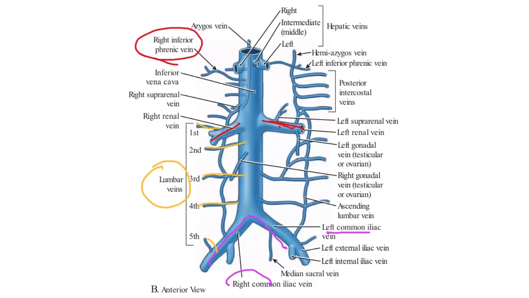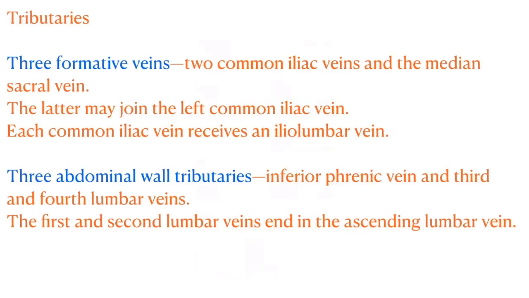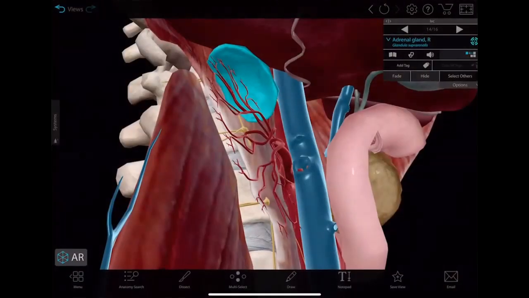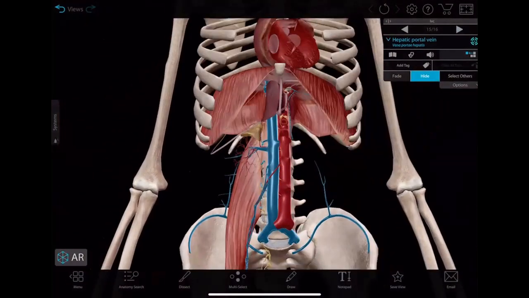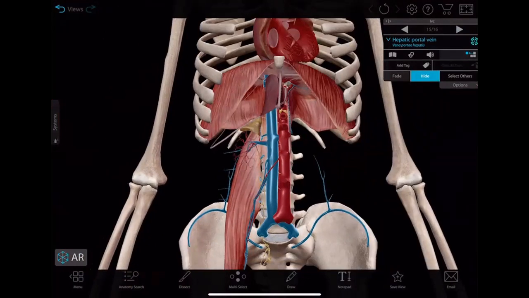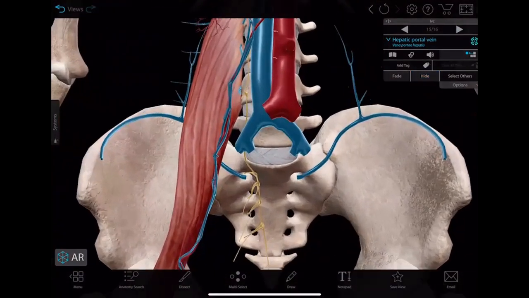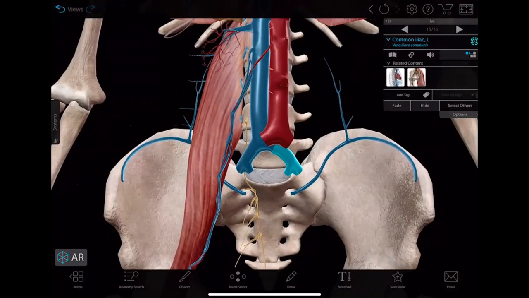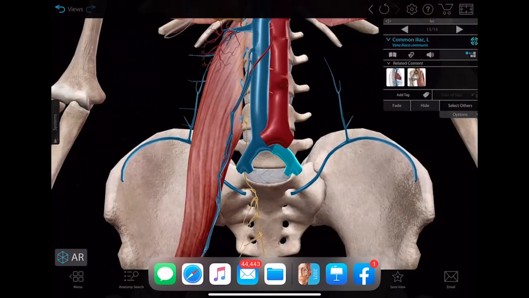These are the tributaries. Three formative tributaries, that means these form the inferior vena cava: two common iliac veins and the median sacral vein. Median sacral vein you have already learned. You see, these are the two common iliac veins and the median sacral vein.